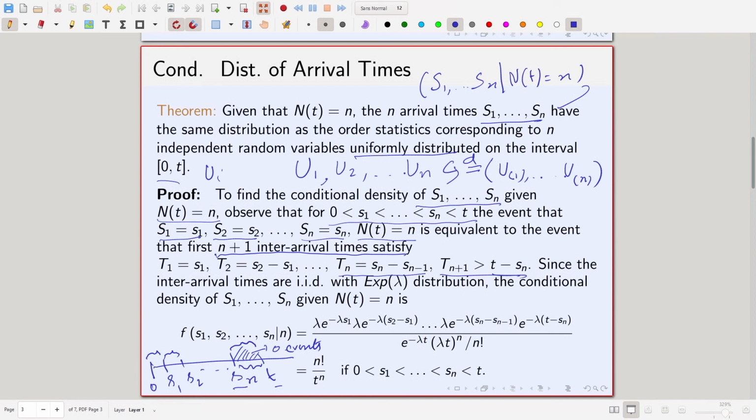So you see that this event, that the first event happened at time S1, the second event happened at time S2, and so on, the nth event happened at time Sn, and Nt equal to n, is equivalent to these conditions on the first n plus 1 interarrival times. Why are we trying to get equivalent conditions in terms of interarrival times? That is because it is very easy to deal with interarrival times, since they are independent and identically distributed.